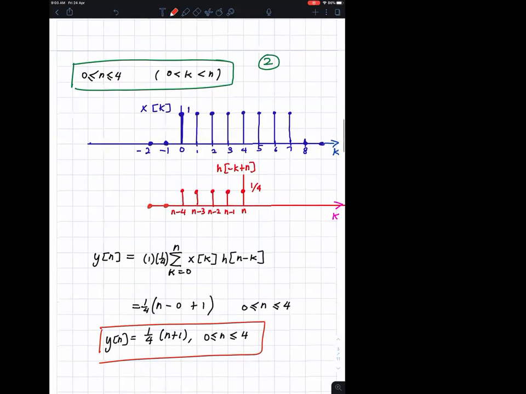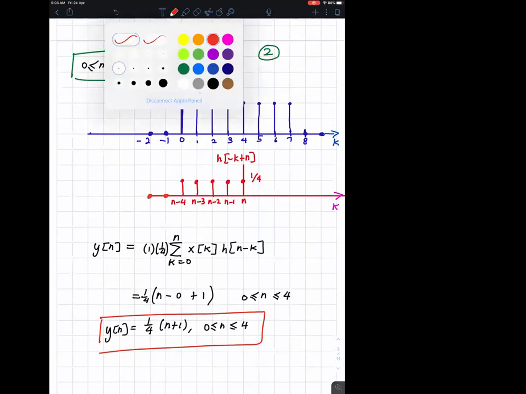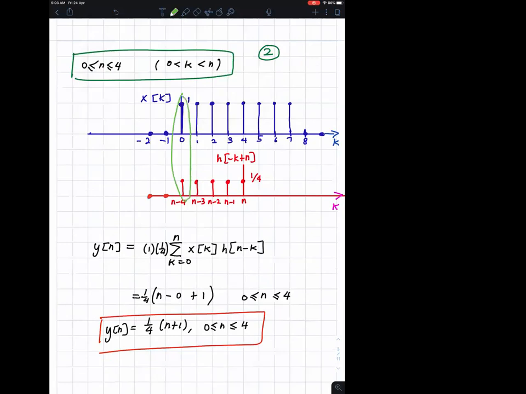So when I align this end, my lower limit for k is controlled by what? 0 or n minus 4? Your lower limit for k is controlled by 0 or n minus 4?